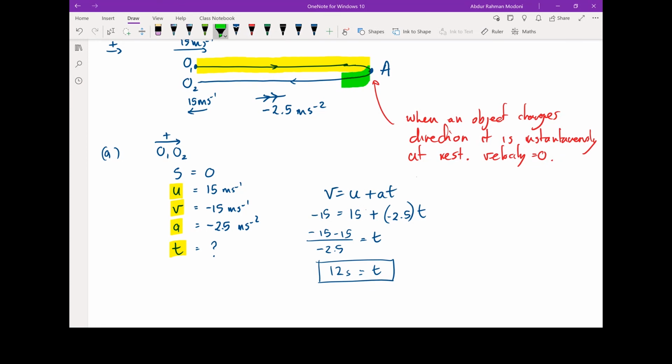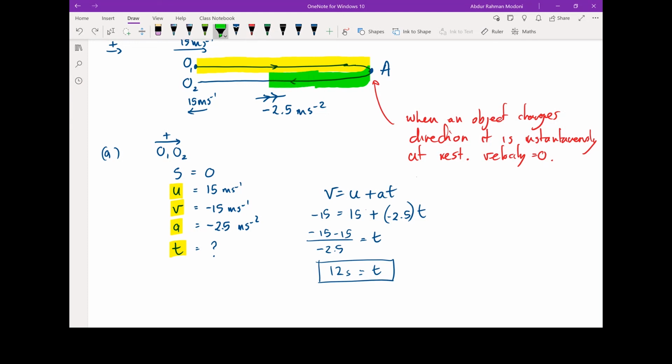So now we're going backwards. The distance covered is all of the highlighted part, so it's the yellow plus the green, whereas the displacement up at this point is only from O1 to there. That would be the displacement. So it's very important to understand the difference between displacement and distance.